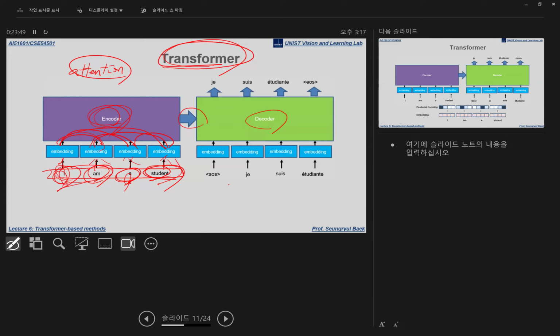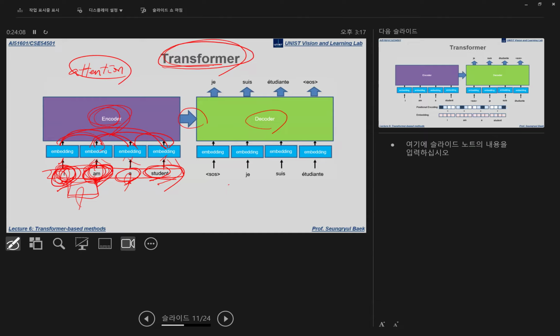When calculating the relationship between I and am, they somehow measure their similarity in embedding space, and then multiply am's feature to contribute accordingly.